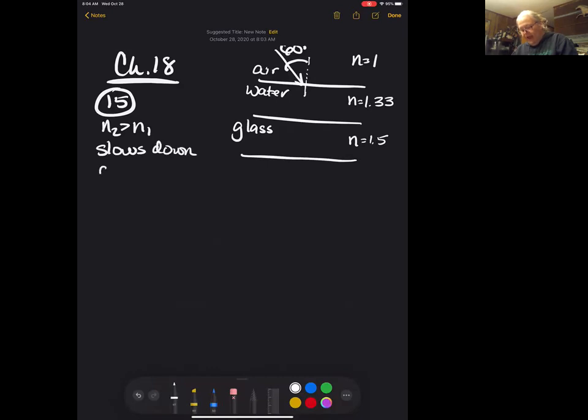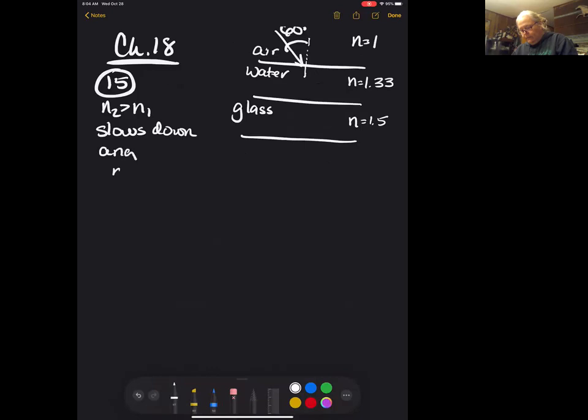So we know that the angle gets smaller. Before I do any math, those are things that I already know about the problem, okay? So what that means is that light, when it comes in here, instead of going on at 60 degrees, it's going to close that angle up a little bit.